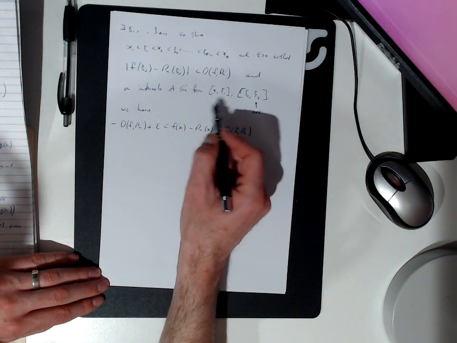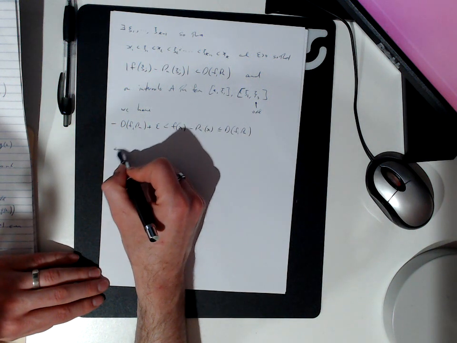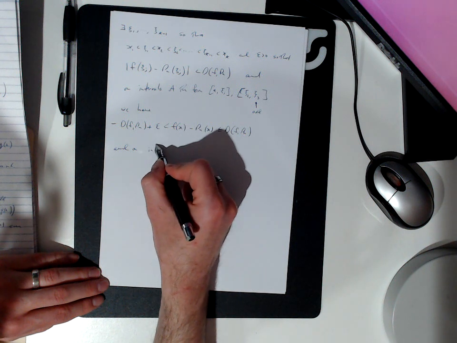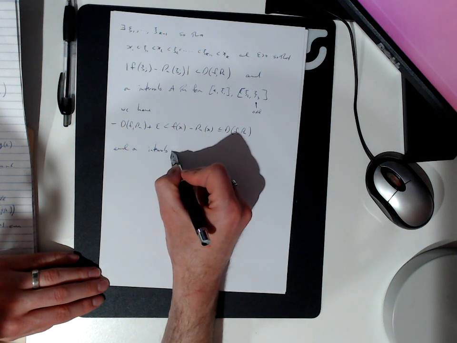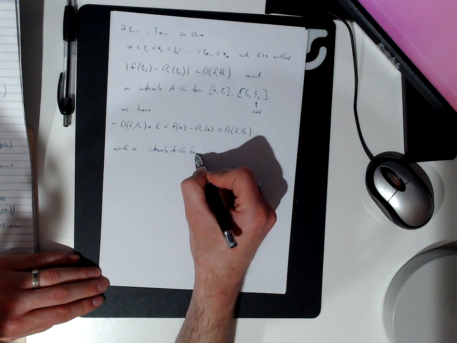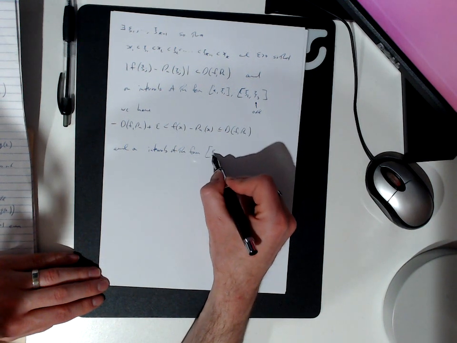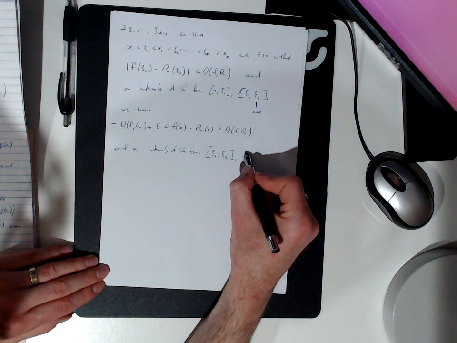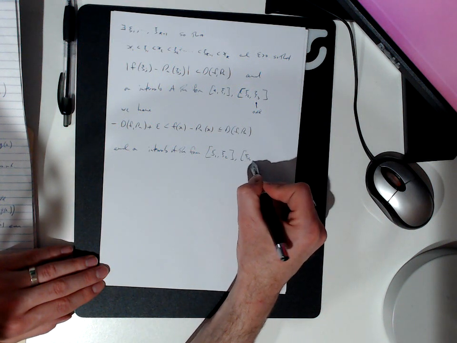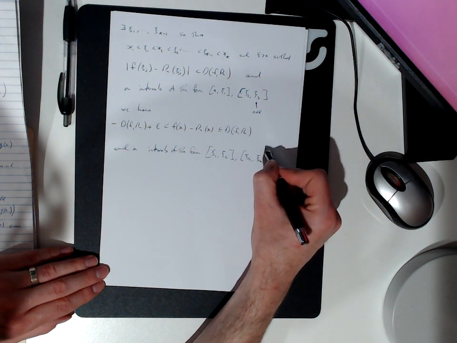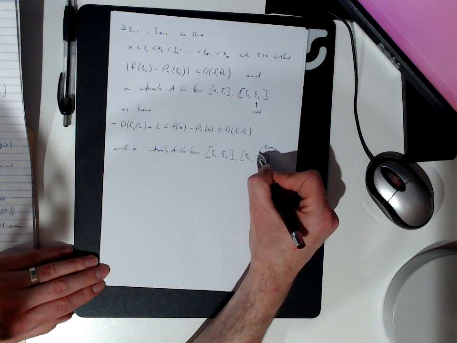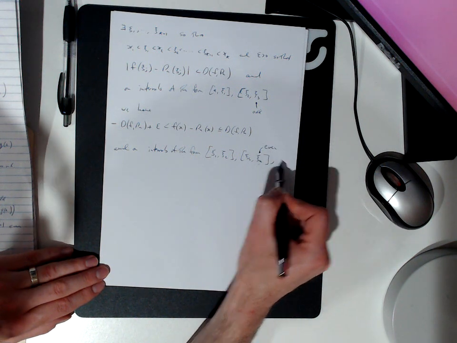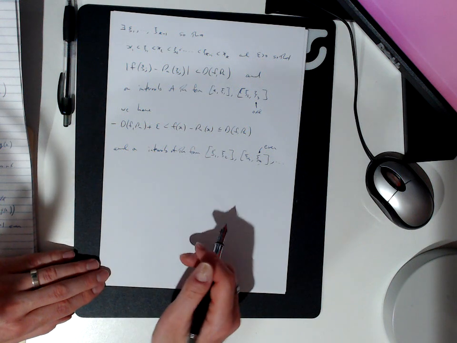Okay, so we have a second type of interval to consider. And on intervals of the form [xi_1, xi_2], [xi_3, xi_4], so these are going to be even intervals because the index here is even, we have the result the other way around.